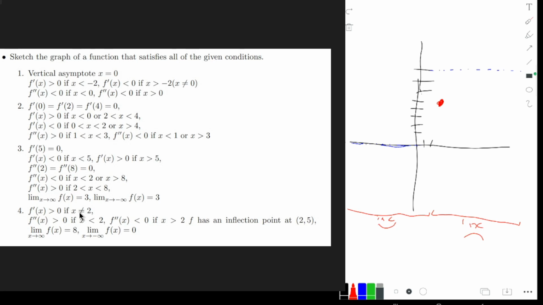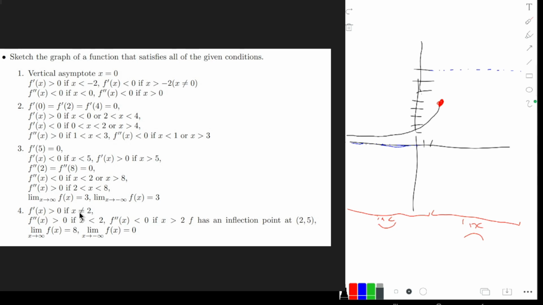Makes more sense to have a vertical tangent line here. So it's increasing up until that point, again keeping in mind that it has to decrease as we go from left to right down to this x-axis, right? And it's concave up, so it looks something like this.